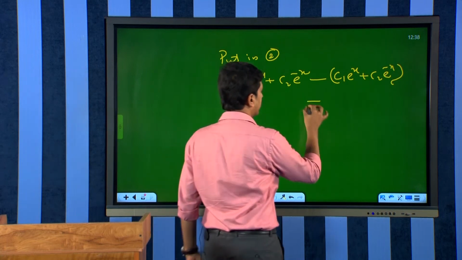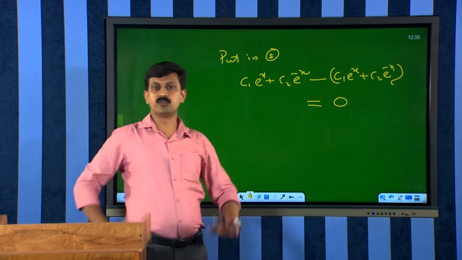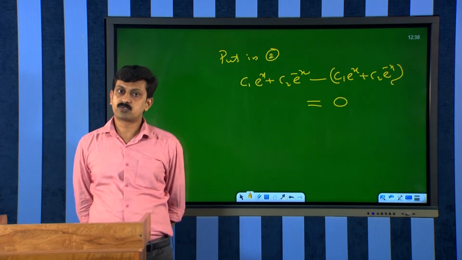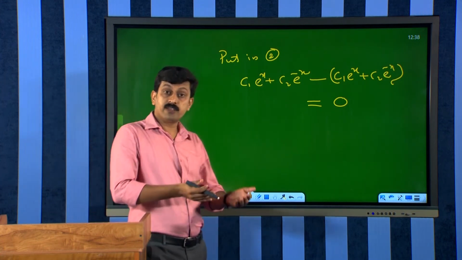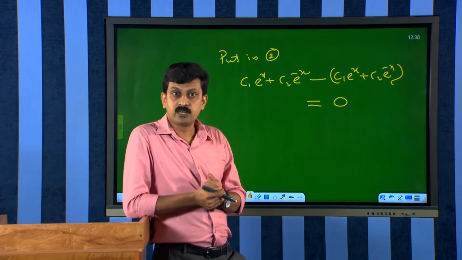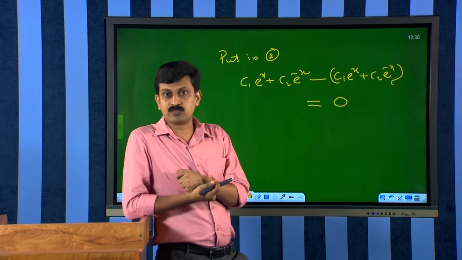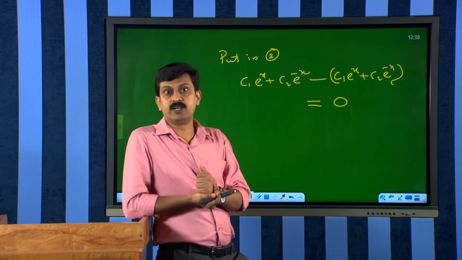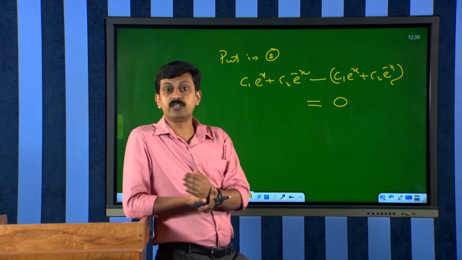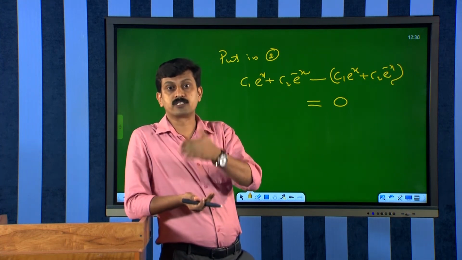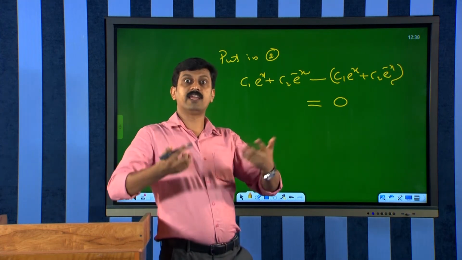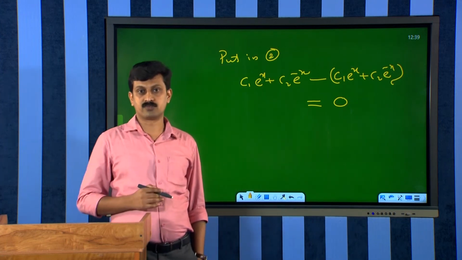Finally, the value will be 0, which satisfies the equation. So, what we found is that if e raised to x is a solution and e raised to minus x is a solution, then their linear combination C1 e raised to x plus C2 e raised to minus x, for two arbitrary constants C1 and C2, is again a solution of the equation number 2.